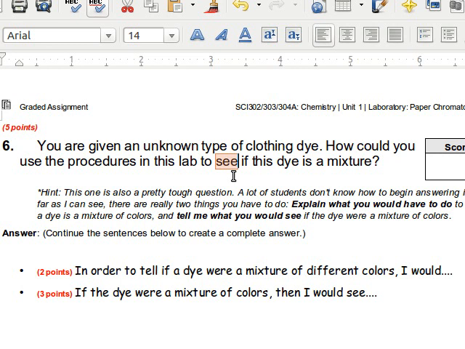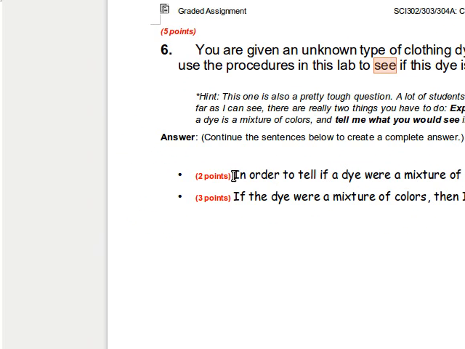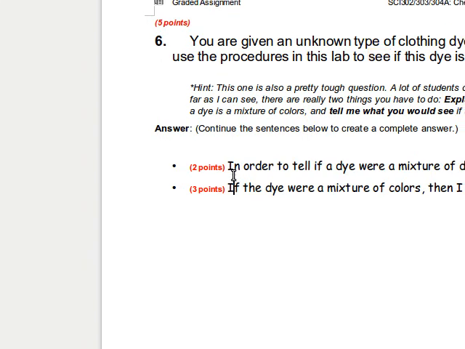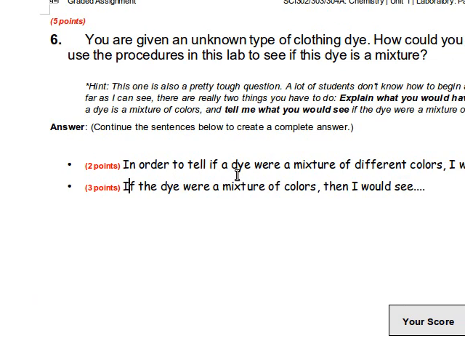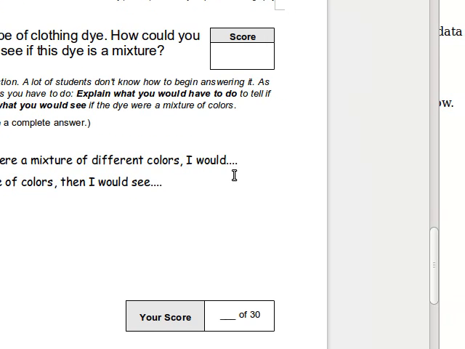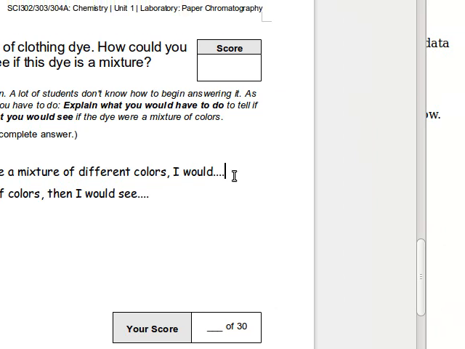So in my answer sentences, I start them off for you here, so you know how to begin. First I'd say, in order to tell if a dye were a mixture of different colors, I would, and now you describe what you would do here. A little hint, you probably don't have to use all 4 solvents that you used in the lab.